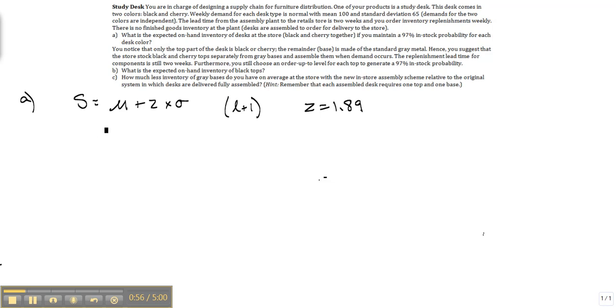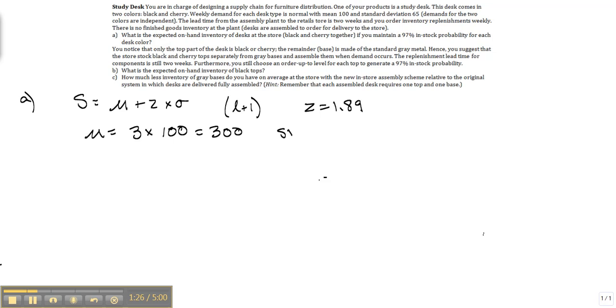Now let's calculate the mean over the L plus 1 periods. That's equal to our new N, which is our lead time of 2 weeks, so 2 plus 1 is 3, times our mean demand in the shorter period, which is 100. Therefore, we have a demand over the L plus 1 periods of 300.